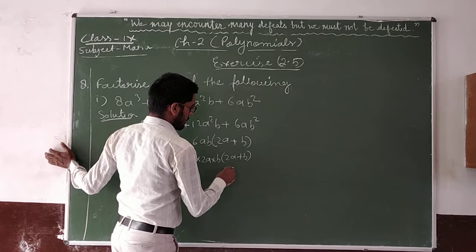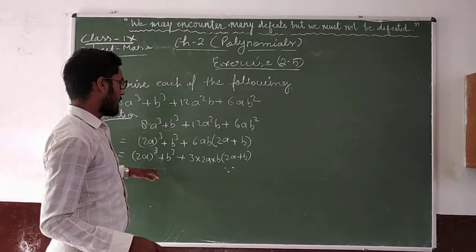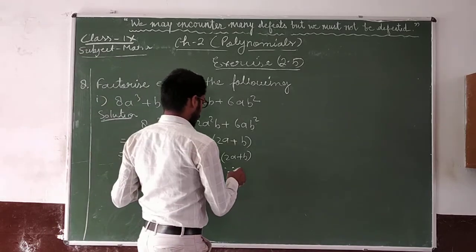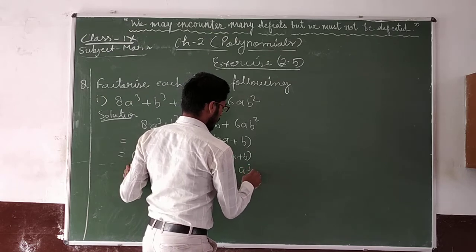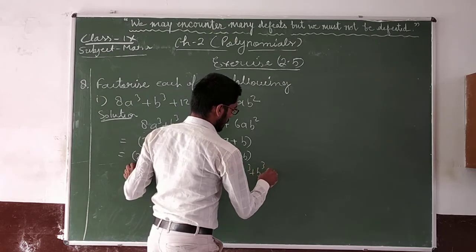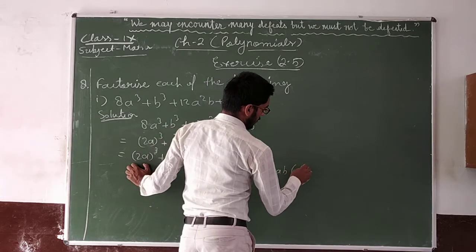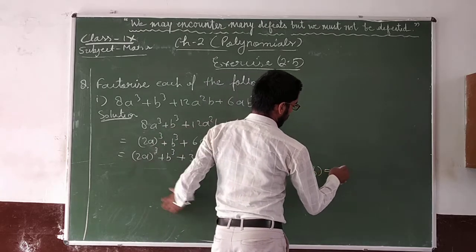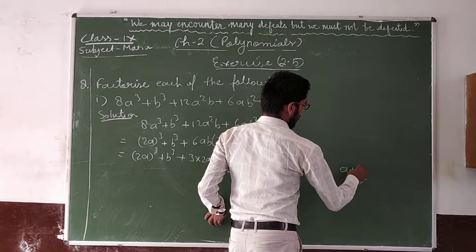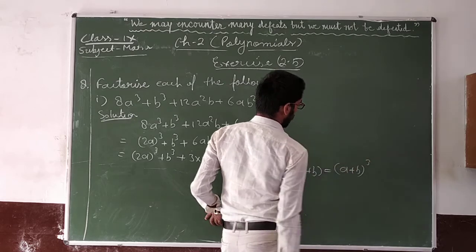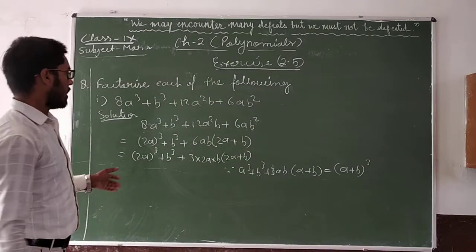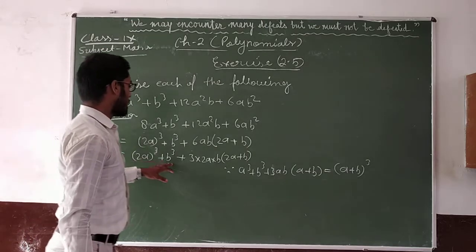Now you can see it is a kind of identity. Which identity is here? a cube plus b cube plus 3ab in bracket a plus b is equal to a plus b to the whole cube. So here a is 2a and b is b.